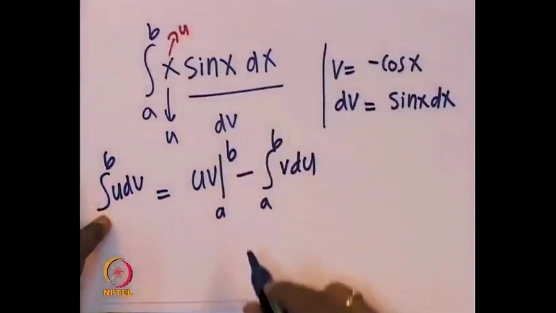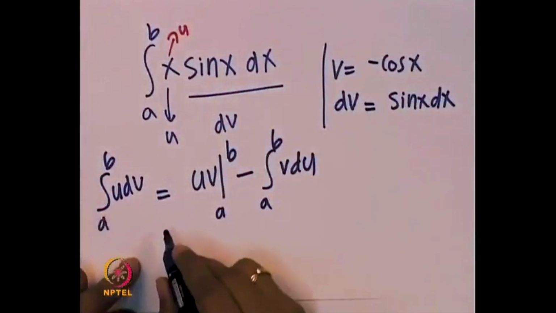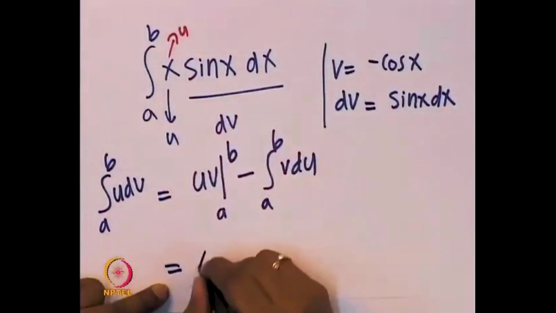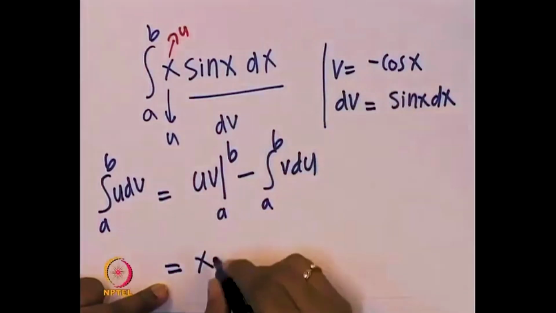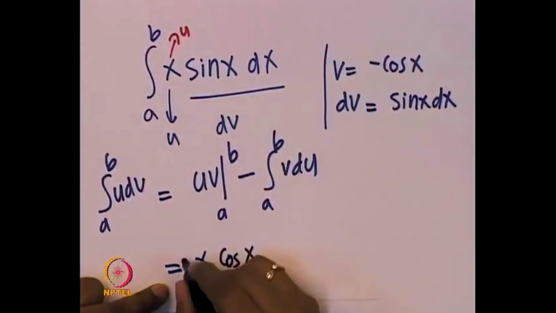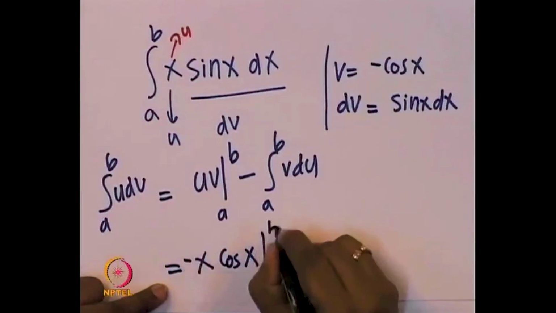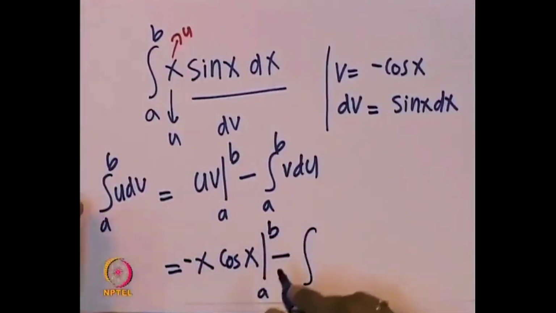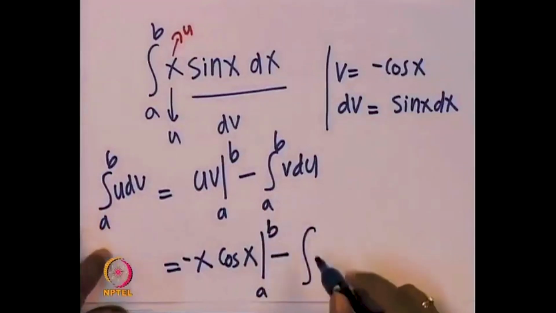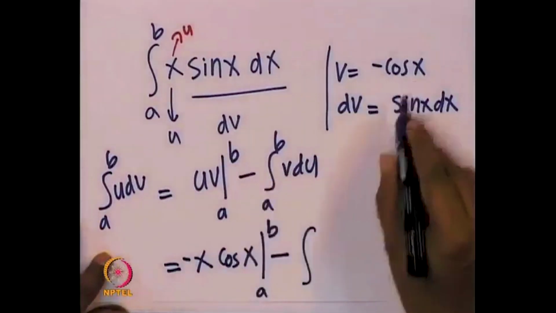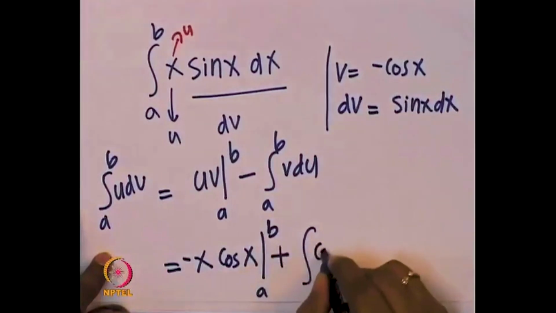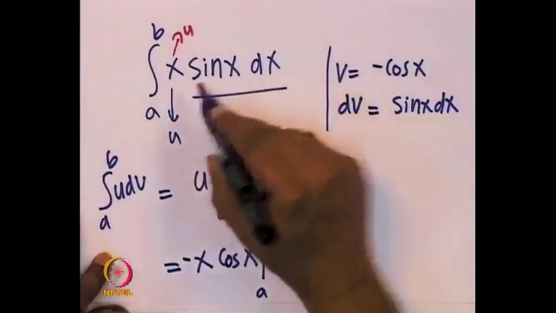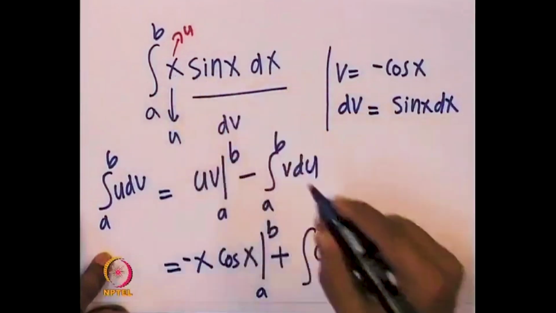So, let us do this. This is u into v, where u is x and v is minus cos x, in the limit a to b, minus integral of v. V here is minus cos x, so minus this will become plus cos x, and du is the derivative of x, which is 1.